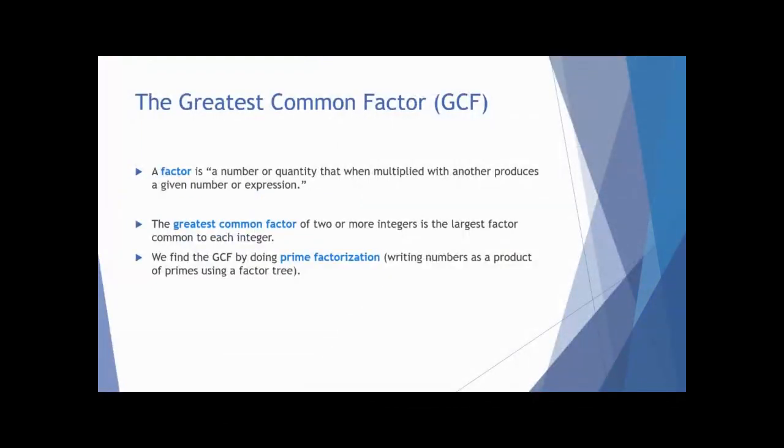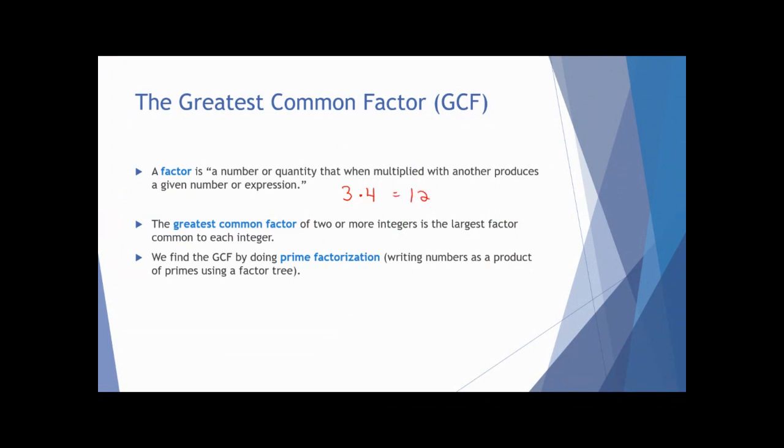So a factor is a number or quantity that, when multiplied with another, produces a given number or expression. That is a very confusing definition, but basically, if I just multiply 3 times 4, 3 times 4 gives me 12.